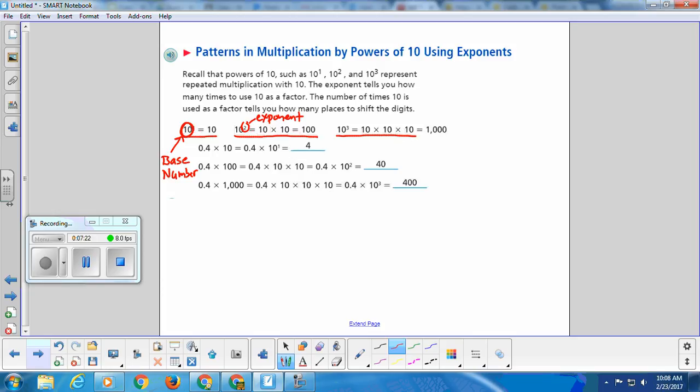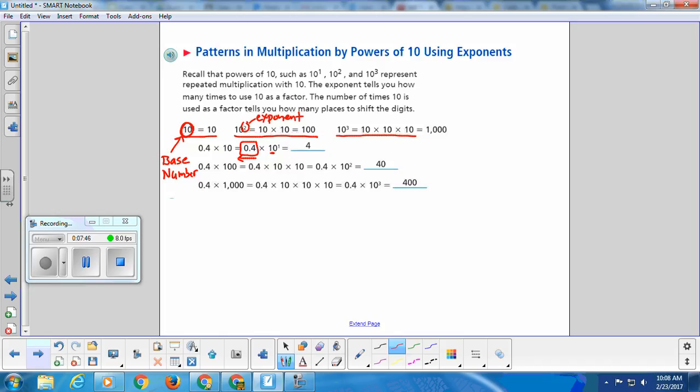So if I'm doing a tenth times 10, that's the same as a tenth times 10 to the first power. Because I'm multiplying by 10, I'm going to move this number here one place to the left.